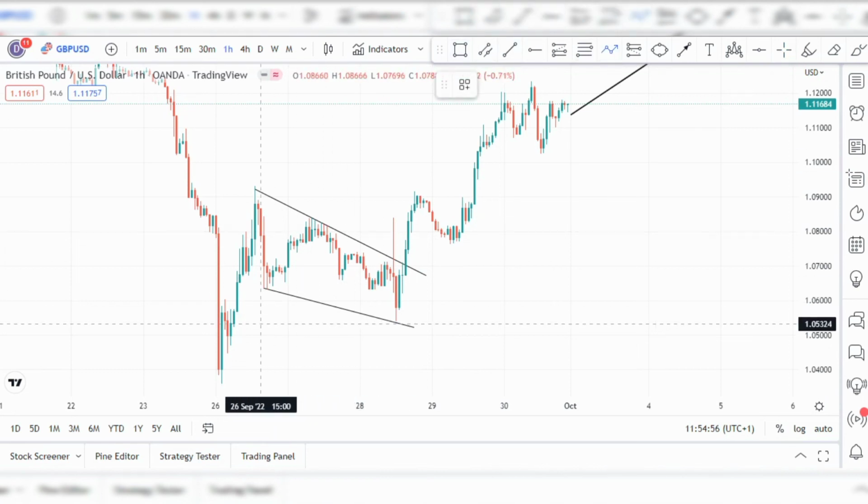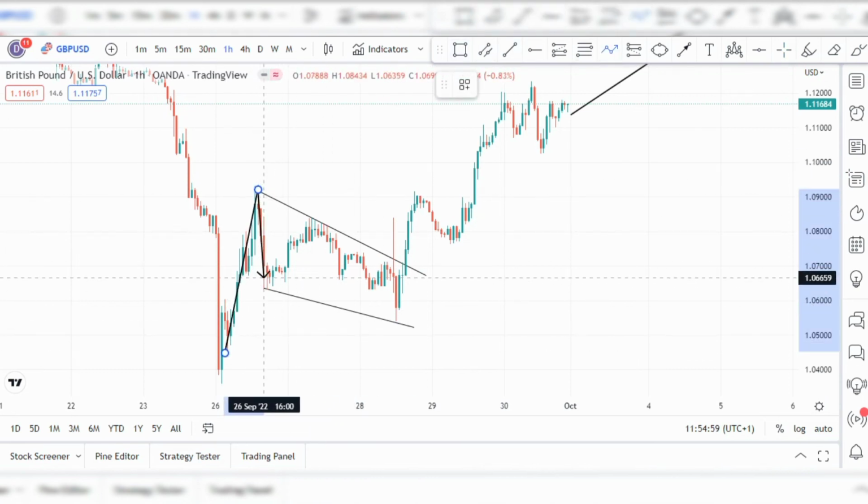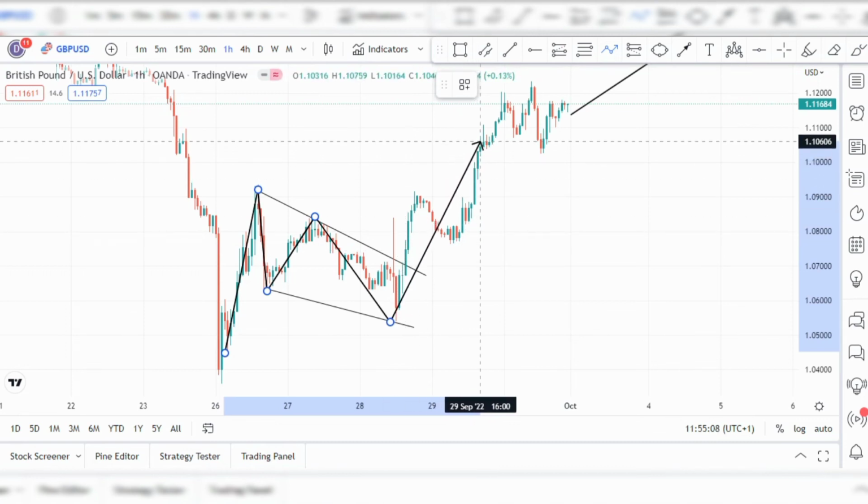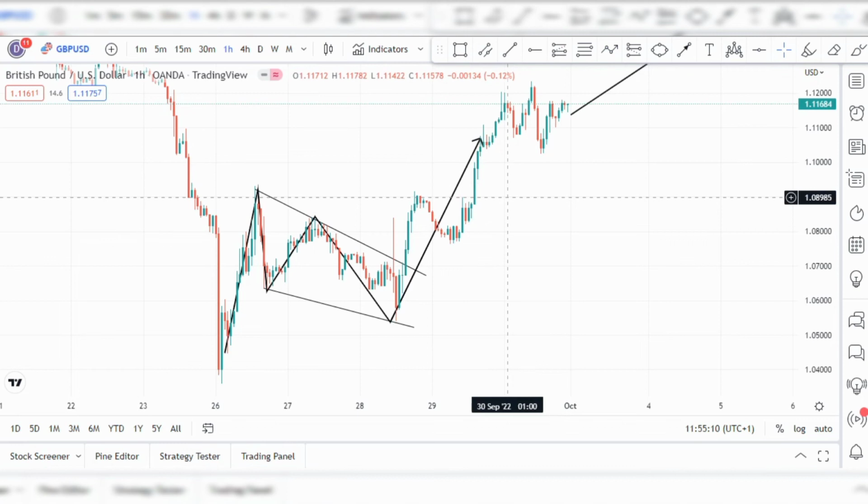Once the candle broke here, I entered my buy trade there and I took my trades. I think I exited the trade somewhere around this area here. So it was just for a very short move.